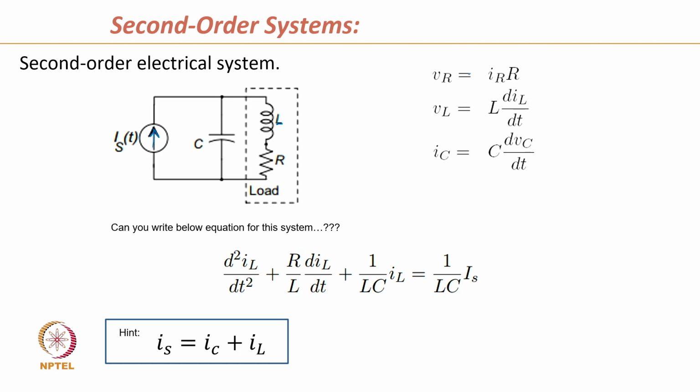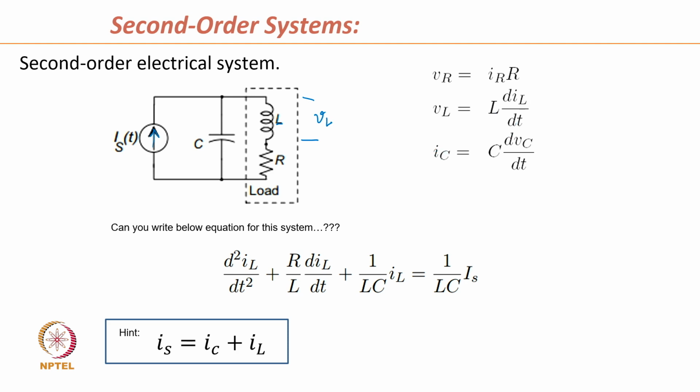Now, the voltage across the resistance will be I into R, where I is the current flowing through this resistor. So, VR equal to I into R. The voltage across the inductor, this is VL, which is L dIL by dt, where L is the inductance and IL is the current flowing through this inductor, which is with respect to time.